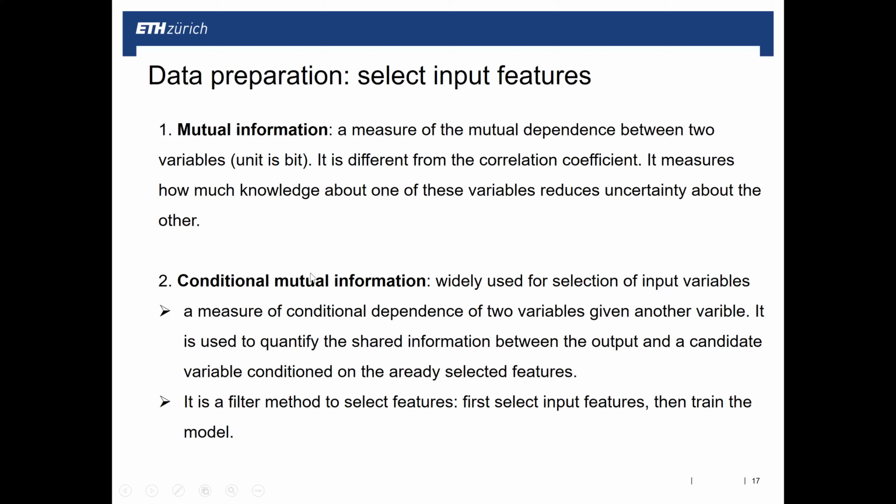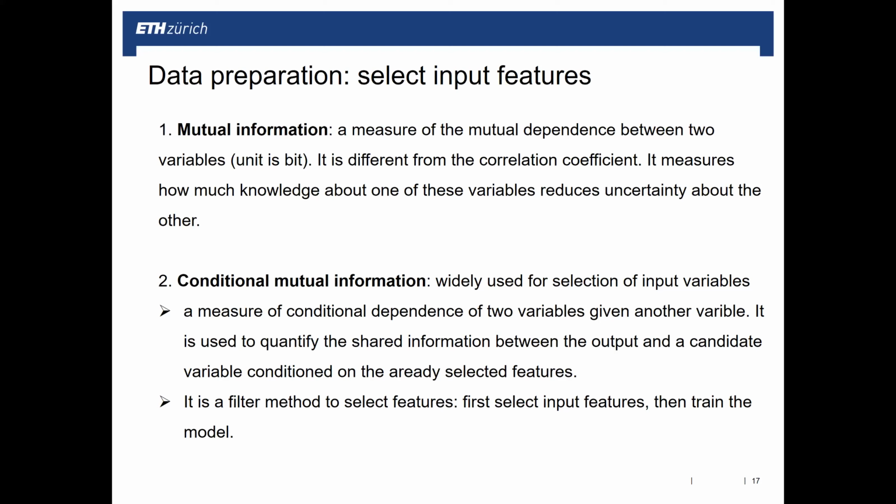So this method is a filter method to select the important variables for the groundwater levels. That means we first select the input features, and then we start to train the model using the training data set.